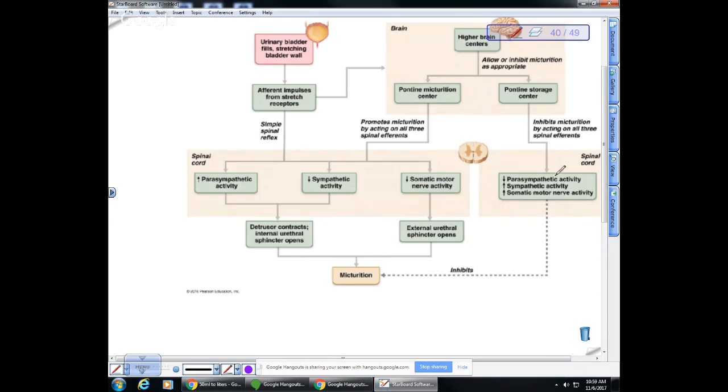Okay. This right here shows what happens when we're stressed out. And so if we're stressed out, we could have too much sympathetic activity, and then we would not be able to urinate.